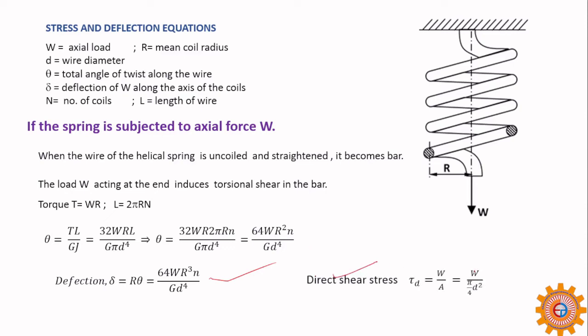This is the direct shear stress. Direct shear stress is the load applied divided by the cross-sectional area of the wire. Next is torsional shear. We know this is 16 WR by pi d cube. How did we get that?